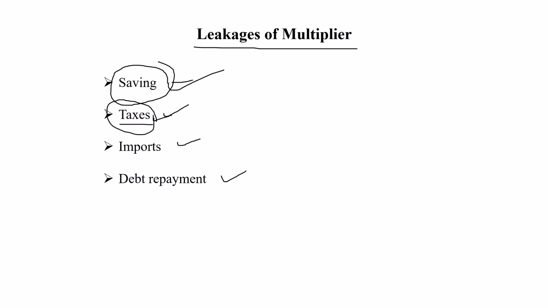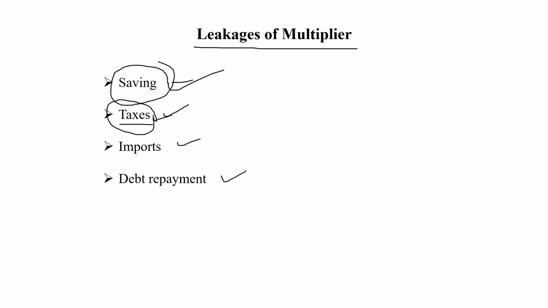Then the multiplier effect will be small or less. So this is also one of the factors responsible for the leakage of multiplier, or reducing the size of the multiplier effect.